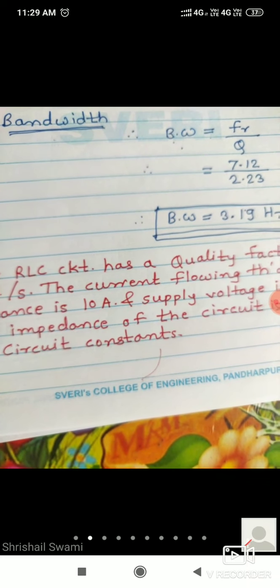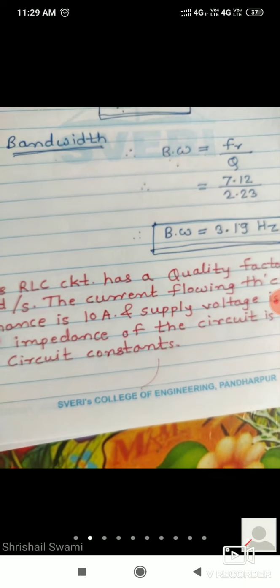So find the circuit constants. So what do you have to find? Who will tell what is the meaning of circuit constants? You have to find out R, L, C. The value of R is given in it.